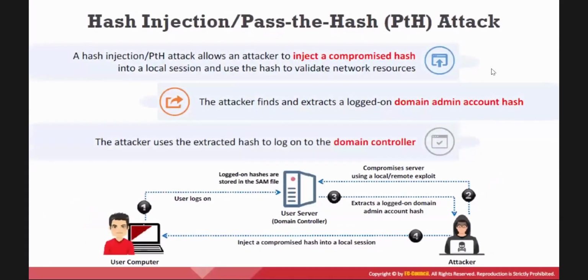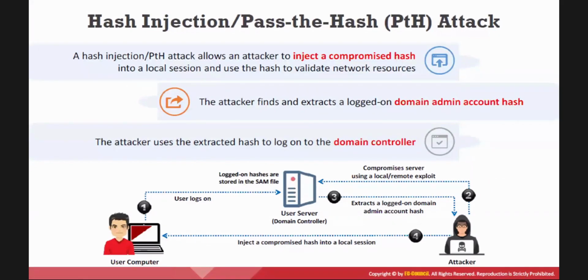And hash injection. Here we call it a pass-the-hash attack. In the SAM authentication system, as I already said, it won't be in clear text format. Whenever you type a password, it would be hashed and then sent to the database and it would try to match. While it is going through the network, we can easily capture the hash. And as an attacker, we can try the same thing.